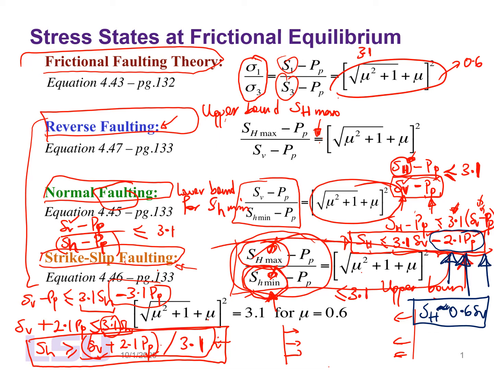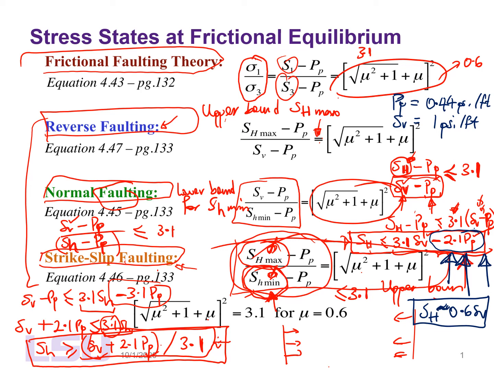So if you have hydrostatic pore pressure, PP in psi per foot will be 0.44 psi per foot, right? Pore pressure. SV for that case, which we said was on average 1 psi per foot. You're going to see that on the next slide, but since we have the equations here, it's easier to have that discussion here.